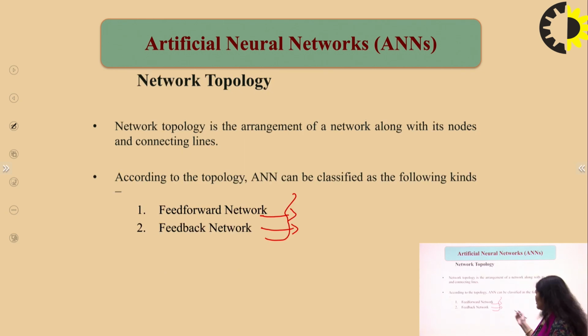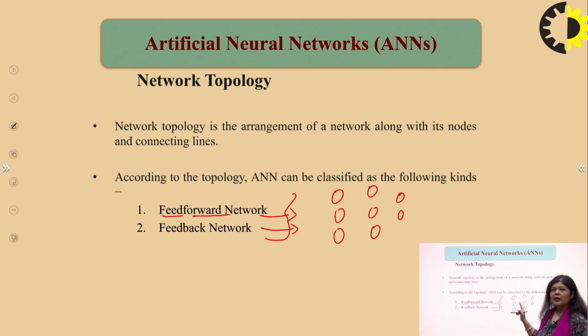So when I talk about the feed forward network, feed forward, as the name suggests, means we are feeding in the forward direction. When we create this type of network, we arrange the neurons in layers.